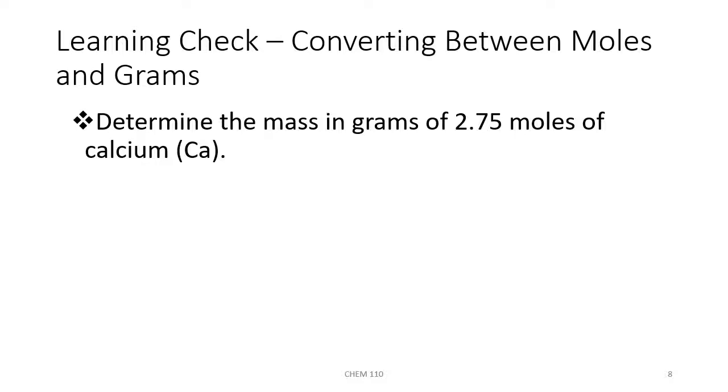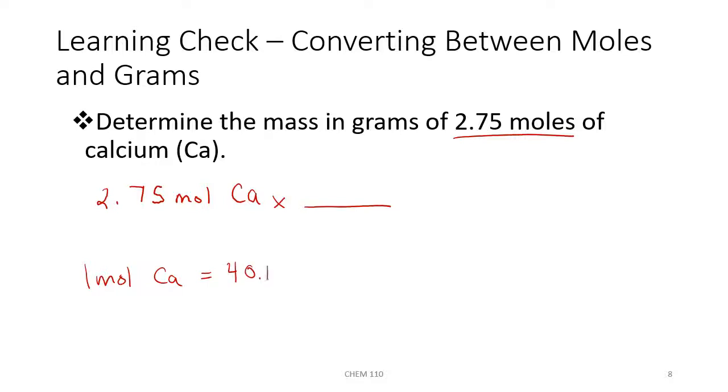Now let's go backwards. Determine the mass in grams of 2.75 moles of calcium. So we're starting with 2.75 moles of calcium. And we're going to want to convert using the molar mass because that's how we get between grams and moles. And if we look at the periodic table, 1 mole of calcium is equal to 40.1 grams.